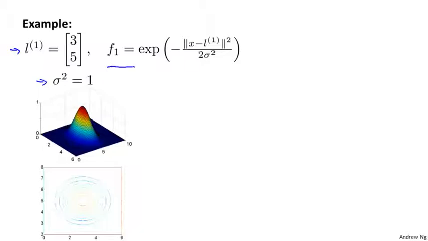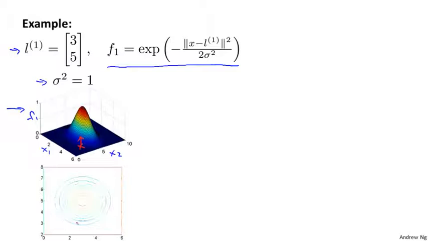If I plot what this feature looks like, what I get is this figure. The vertical axis, the height of the surface, is the value of f1, and on the horizontal axes are x1 and x2. Given a training example at a certain value of x1 and x2, the height above the surface shows the corresponding value of f1.